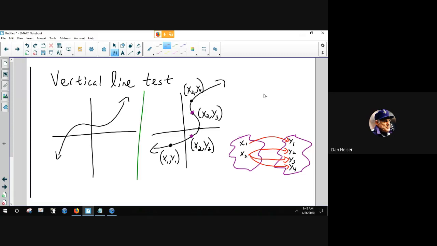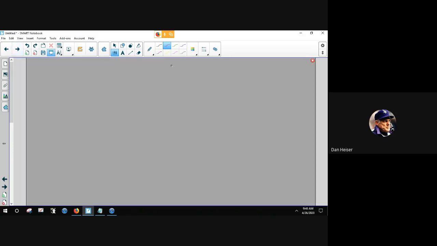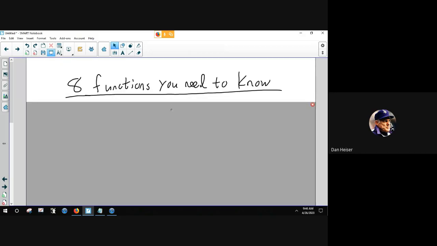Okay, now that we have a little sense of functions, here are some that you are going to need to know. You need to know the name of these functions, what their graphs look like, and what their equations look like. And when I say equations, I'm talking the parent function equation. And yes, you should also recognize if things have been shifted or stretched, but you should at least know the parent function from memory.